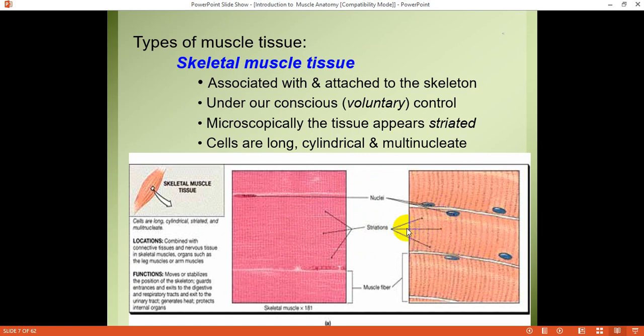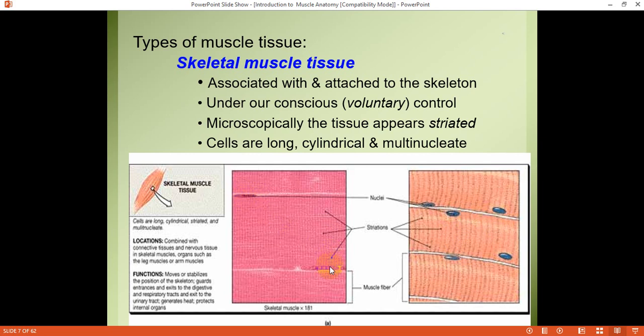So we can see this is one single muscle fiber. If you start from origin up to insertion, there is one single muscle fiber which has striations due to the patterns of the proteins, and these are multinucleated cells, and nuclei are lying just below the sarcolemma. Here we can observe them.